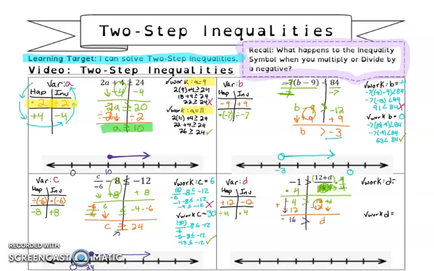So when we check our work, we have to pick a number for D that is smaller than negative 16. We need a number that's bigger than negative 16 and a number that is smaller than negative 16. So a number that's bigger than negative 16, what number is closer to 0 that is negative? And remember, we're going to have to divide by 4, so we need to pick a number that's closer to 0 that we can divide by 4.